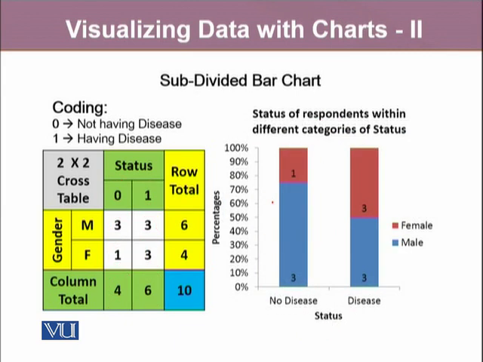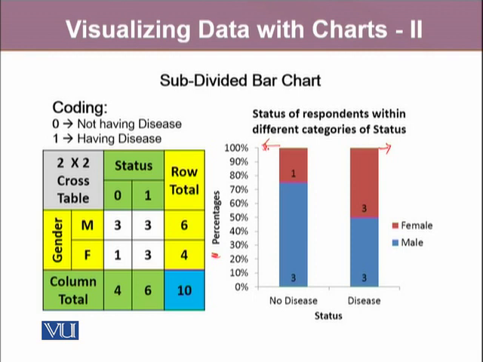We can further go to this subdivided bar chart. Subdivided bar chart is another name for a component bar chart, where on the y-axis, we bring in the percentages, where each bar goes to 100% of the data.